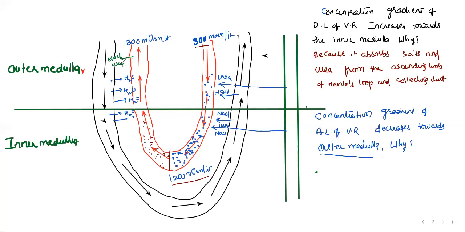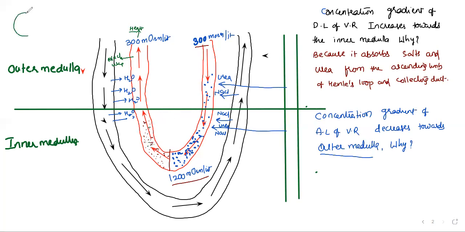Even if it is not mentioned in the NCERT, we should write this. Otherwise, where is it going? We know it is going towards the heart: renal venule, renal vein, postcaval vein, reaching the heart. So we should not carry the sodium chloride and urea. Sir, if we should not carry it, why is it absorbed here? Just to maintain the osmolarity gradient, the concentration gradient.